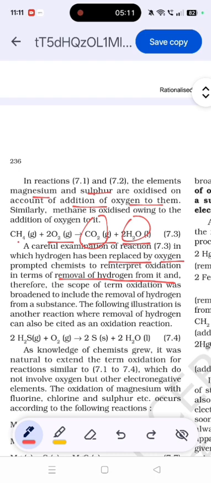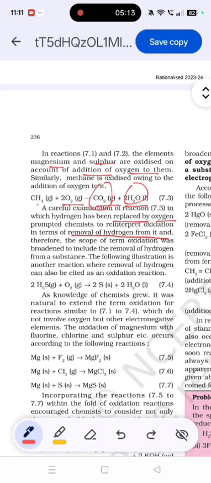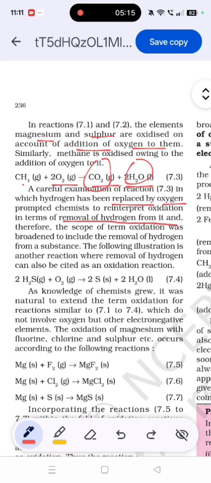Similarly, we can define reduction also. Here is another reaction: H2S plus O2 gives sulfur plus water. See, removal of hydrogen can also be cited as oxidation. Here in H2S, the hydrogen is removed and it becomes sulfur. So H2S is oxidized.